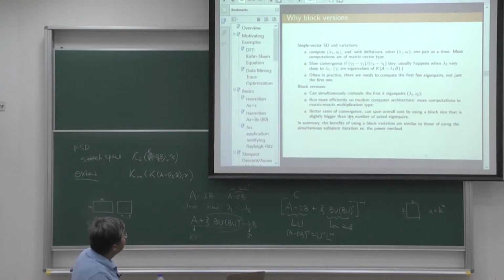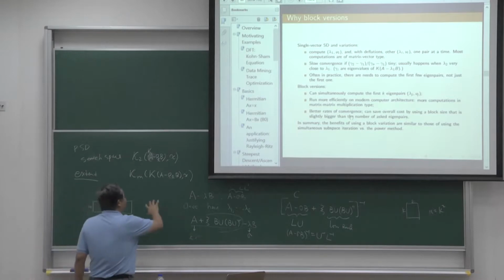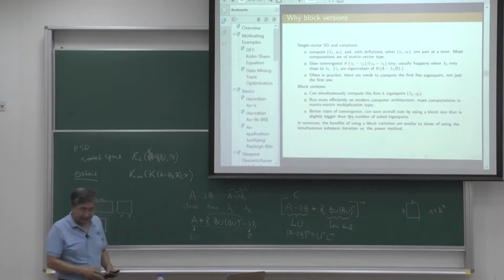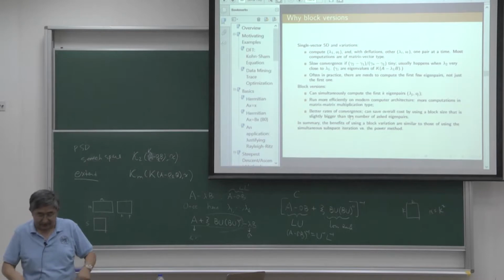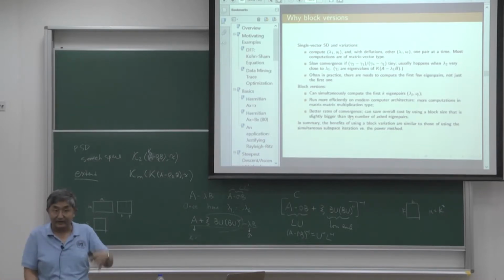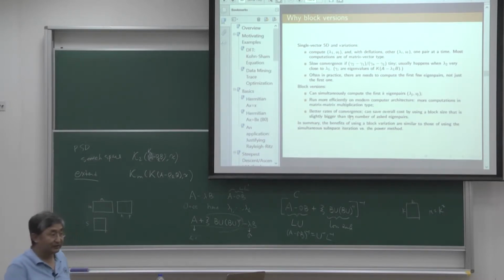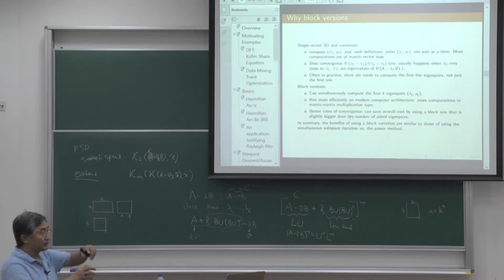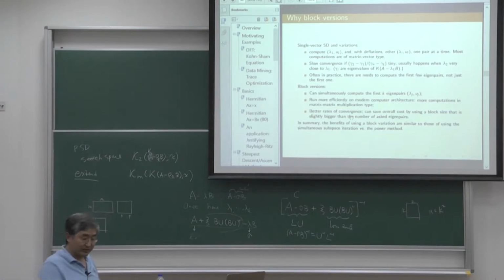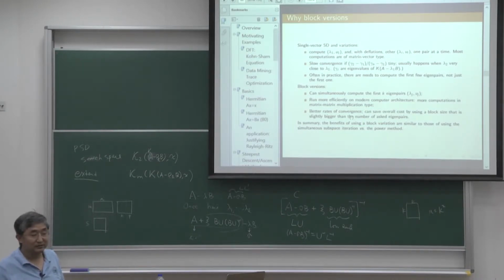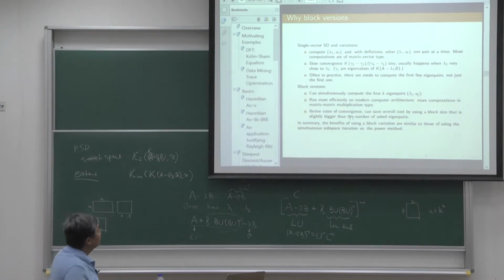But if you use a block version, instead of one vector there are several vectors packed together, and most of the operation is done through matrix multiplication, except the second matrix is tall skinny, but still a matrix. That's so-called BLAS 3 operations. It's much more efficient on today's computer architecture.